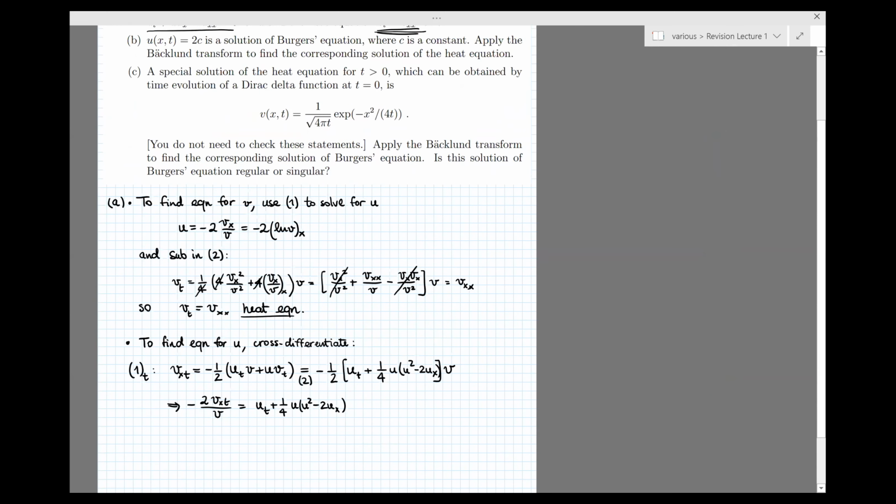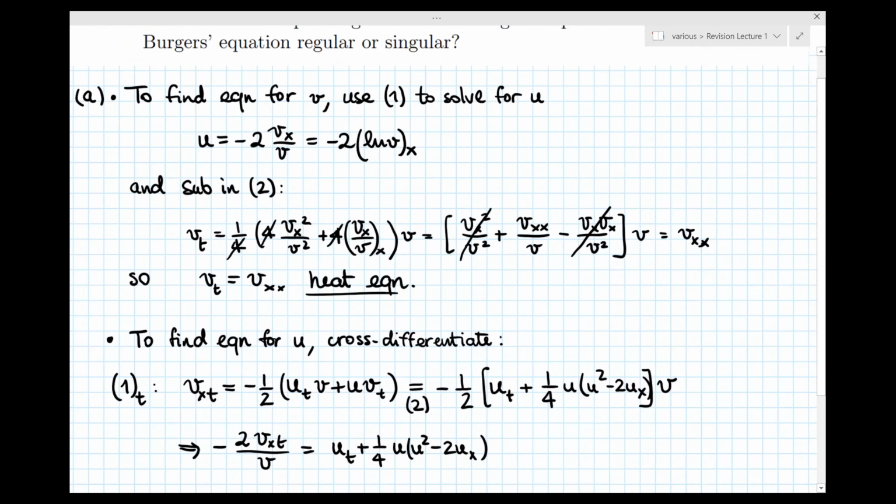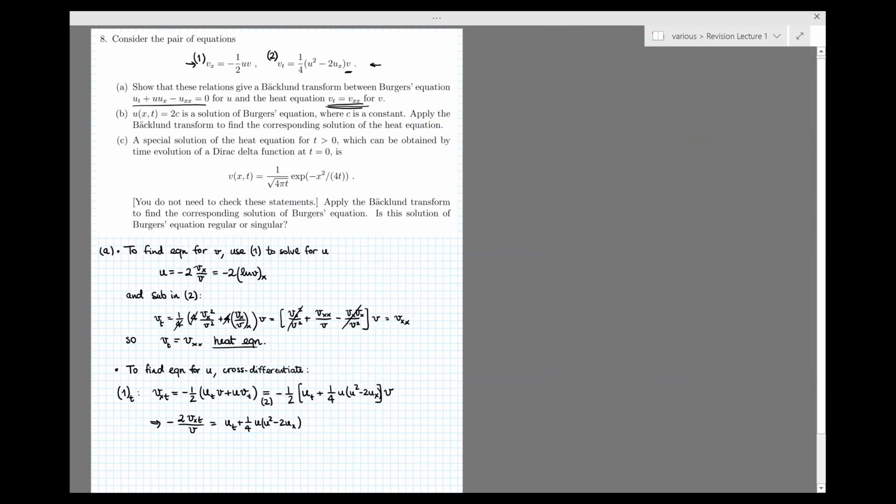Okay, so now we do the same for equation 2. We differentiate equation 2 with respect to x. So we get Vtx, which is the same as Vxt, because we assume that functions U and V are sufficiently differentiable. So I'll have to differentiate the right-hand side of equation 2 with respect to x. So I get 1/4.